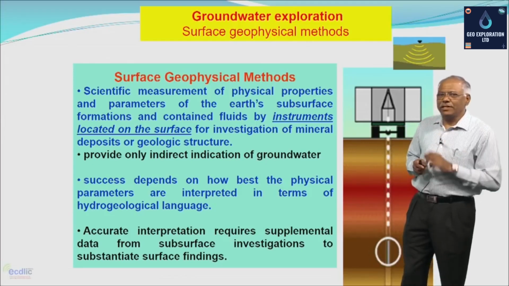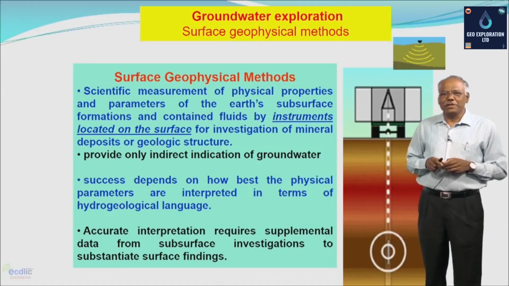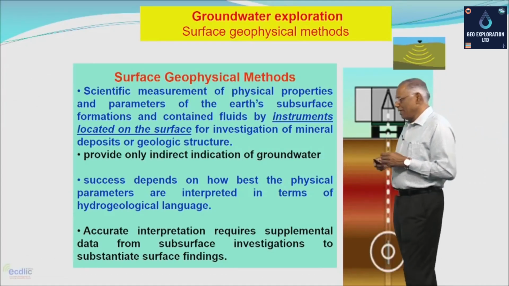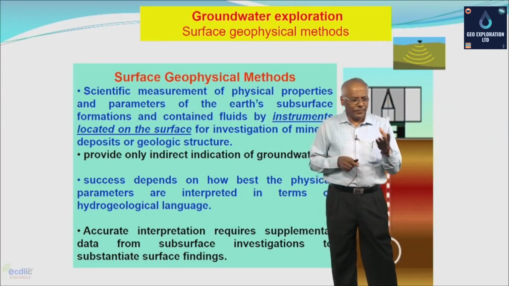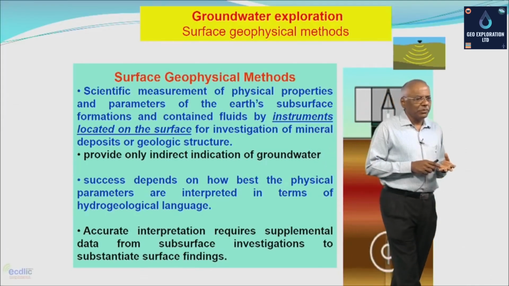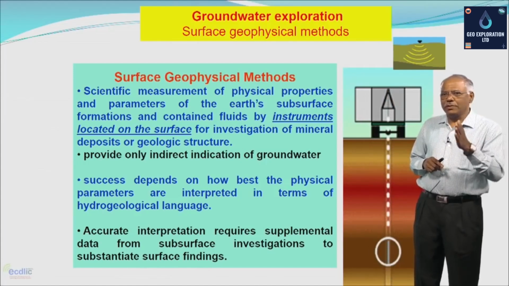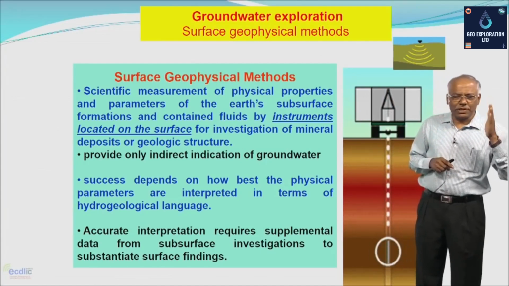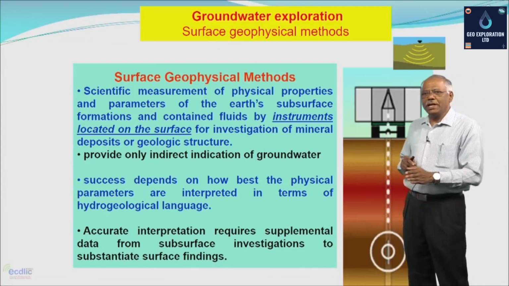An accurate interpretation therefore requires supplementary data from subsurface investigation to substantiate surface findings. What data can you have? To characterize this technique in a given area, you can look at known sections, which could be road cut sections or wells within the area.